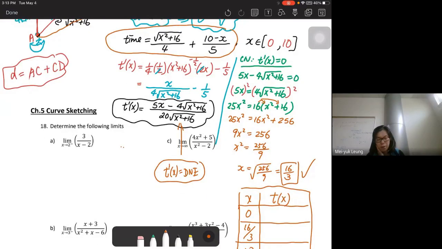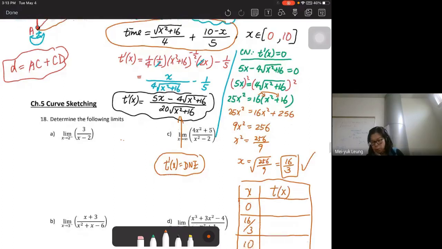The first term is the square root of 16 divided by 4. That's 1 hour, right? Square root of 16 is 4, and 4 divided by 4 is 1. And then plus 10 minus 0 divided by 5, that is another 2 hours. So it takes all the way 3 hours to complete this journey.